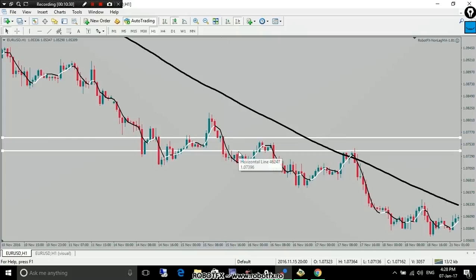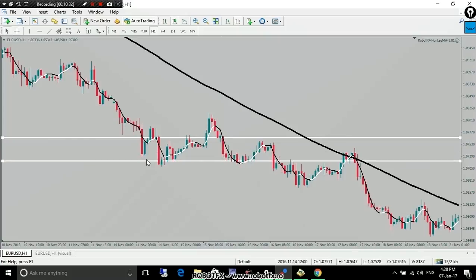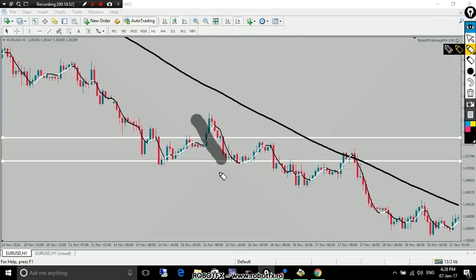If this setting is 50, it will consider the recovery zone, basically. We call it the recovery zone. Within this limit, it will open the buys and sells and place opposite trades when the price bounces from one level to the other, until eventually the price will, and this is the idea with hedging.